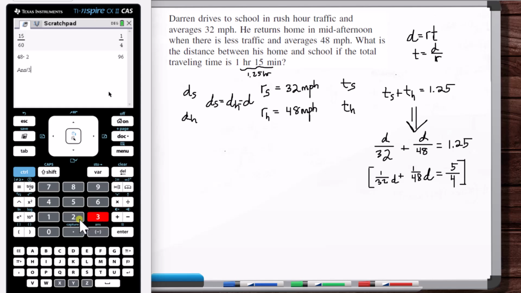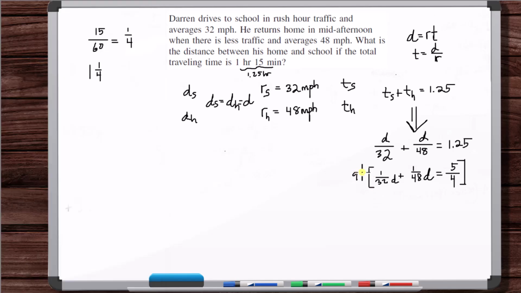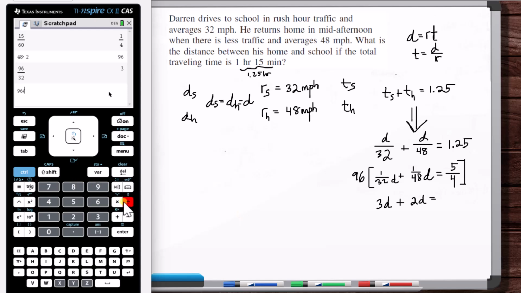Is that divisible by 32? Yeah, so we'll multiply by 96, because then 96 divided by 32 is 3. So we get 3D, and then 96 divided by 48 is 2. And then 96 divided by 4 is 24, times 5 is 120.